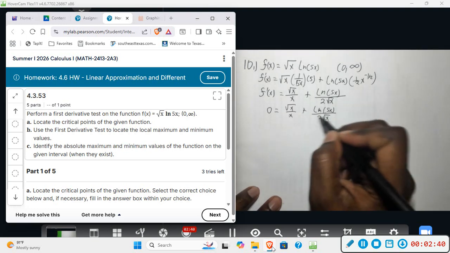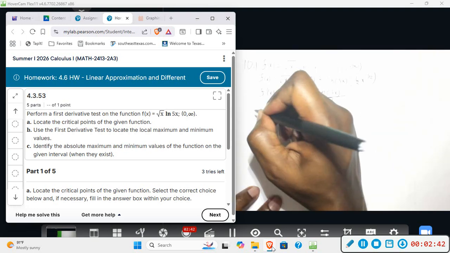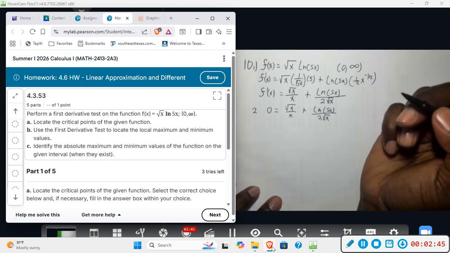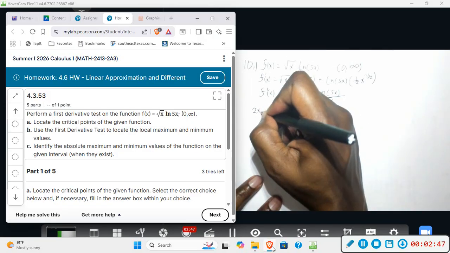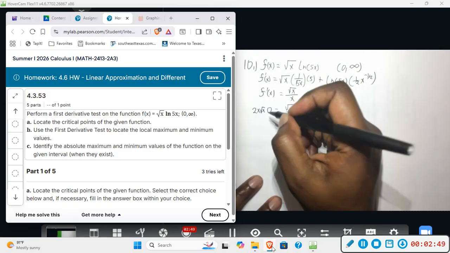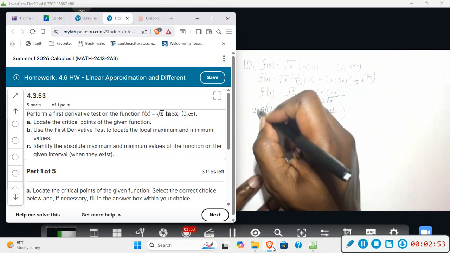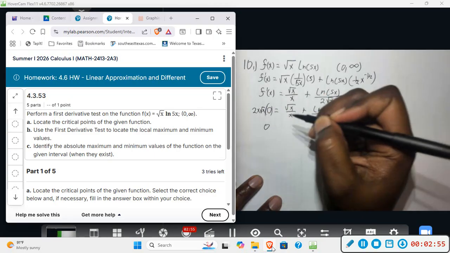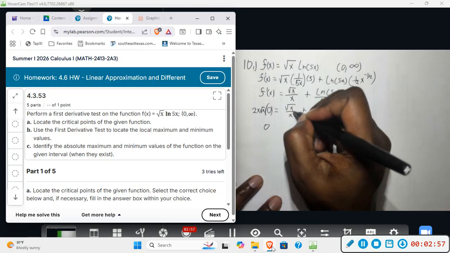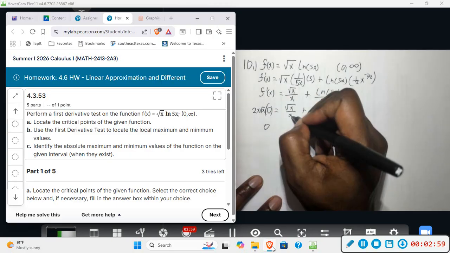Multiply through to get rid of the denominator. So 2x square root of x. We'll multiply that through on both sides, pretty much the whole thing. Multiply times 0 still gives you 0. Multiply times this function, the x will cancel out.